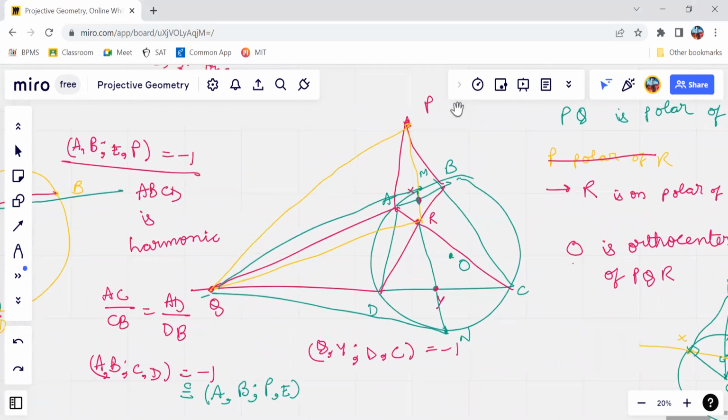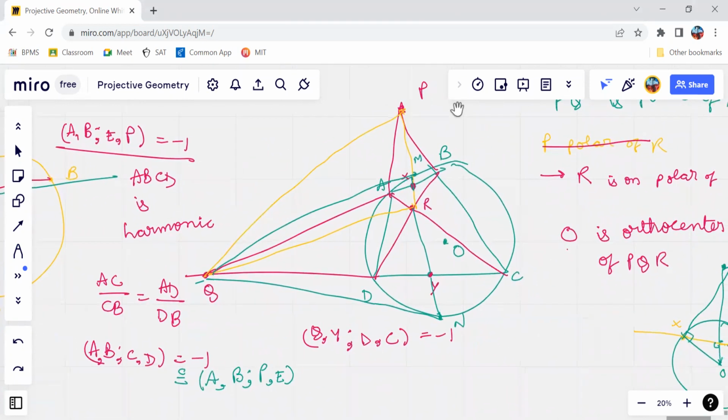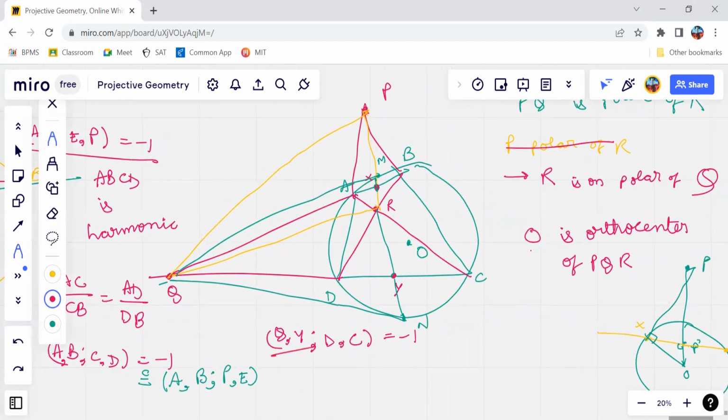I will assume it does make sense. So in this case, we have that the cross ratio QYDC is actually equal to -1. And we have a circle going through C and D. So what can we say?